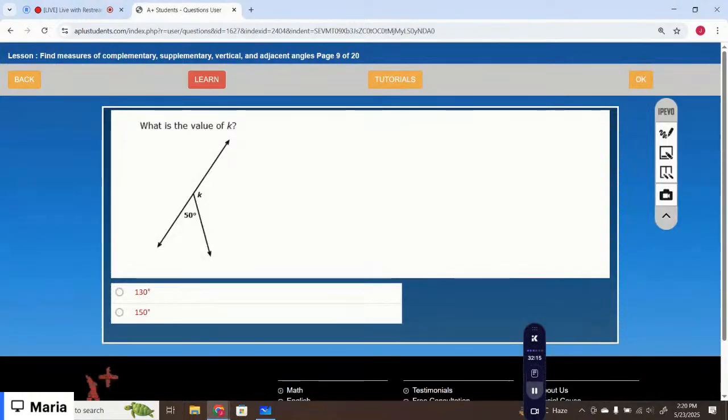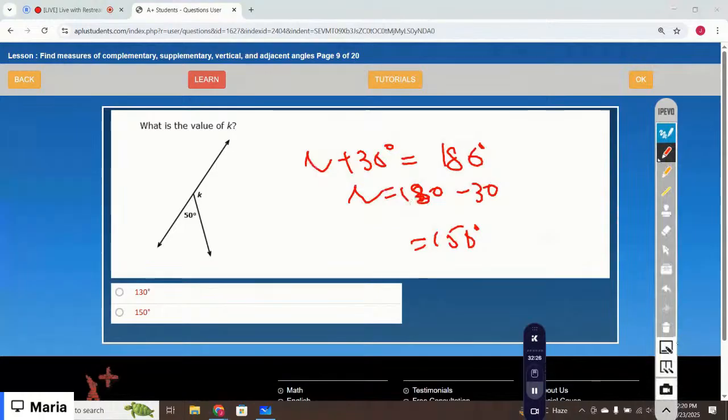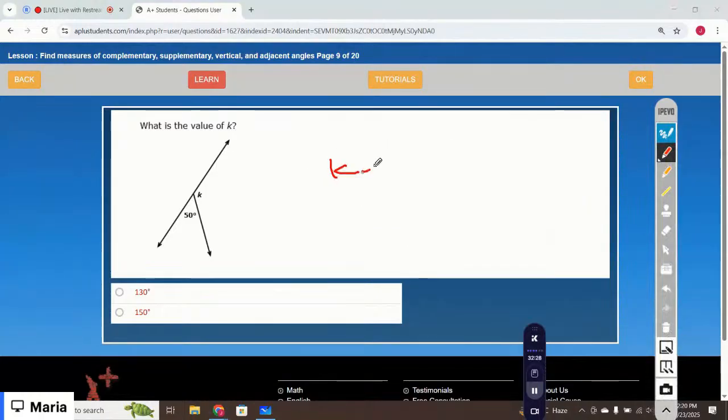What is the value of K? K plus 50 degrees equals 180.